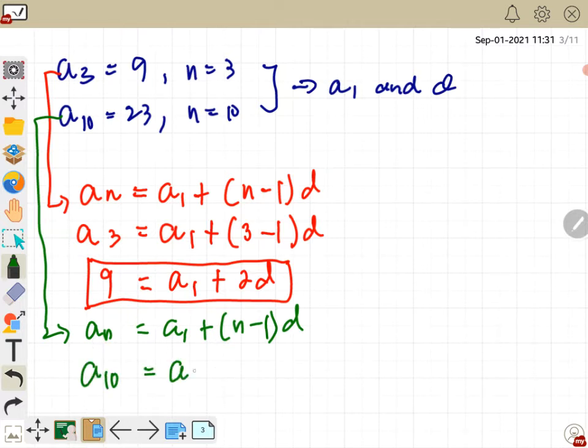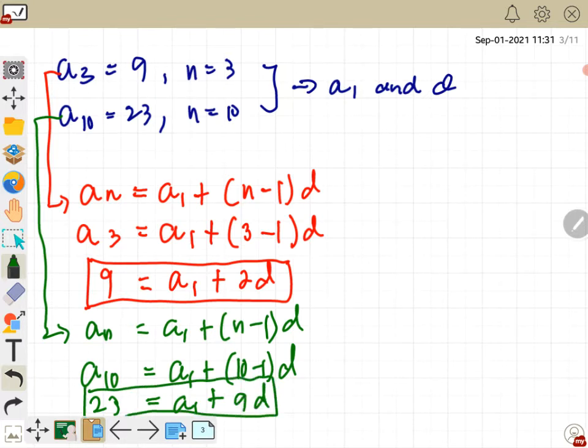A sub 1 we do not know. And we know that the n here is 10, times d, and that results to, we know that a sub 10 is simply 23. And that is a sub 1 plus 9d. So this is our second equation.